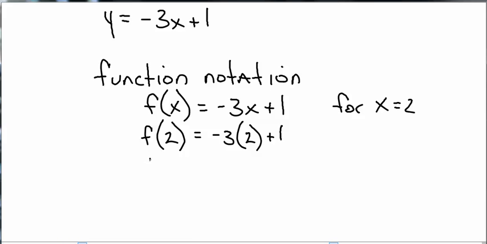So the function of 2 is equal to negative 3 times 2 is negative 6, plus 1 is negative 5. So the function of 2 is equal to negative 5. And all this is telling you is what number you put into the equation where the x was. Okay?